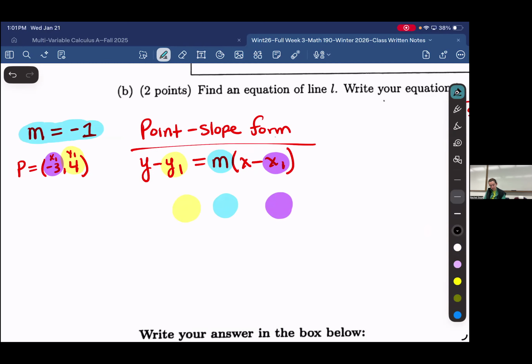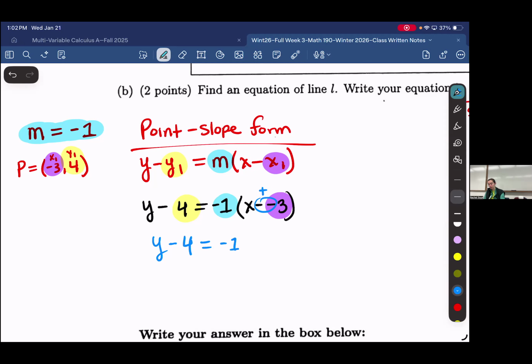So when we plug in, we get y minus 4 is equal to -1 in parentheses x minus -3. 2 negatives next to each other give you a positive. So we have y minus 4 is equal to -1 x plus 3. If they said to keep it in point slope form, this would be your answer.